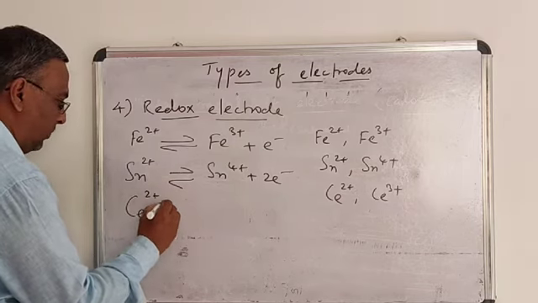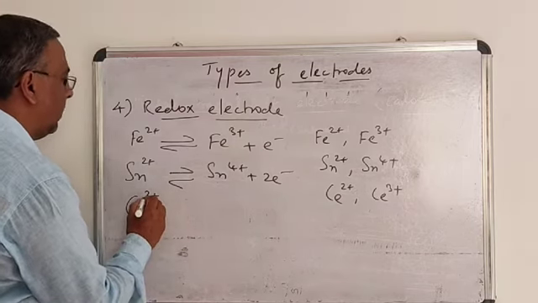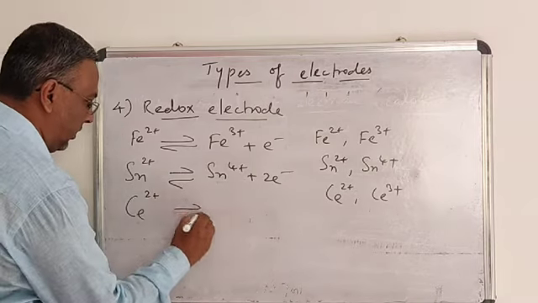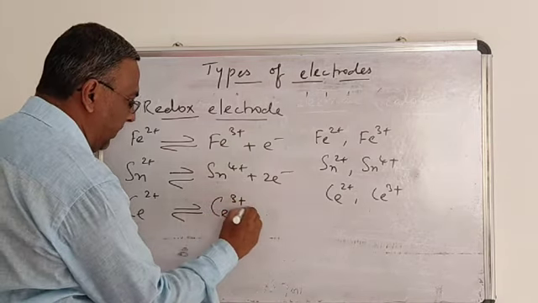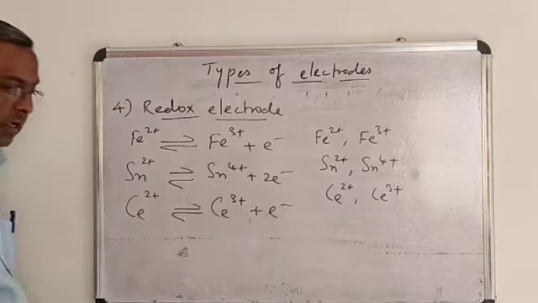Cerium 2+ gives cerium 3+ with the liberation of electrons.